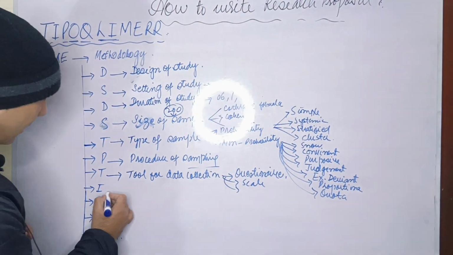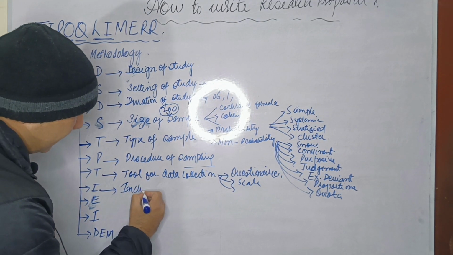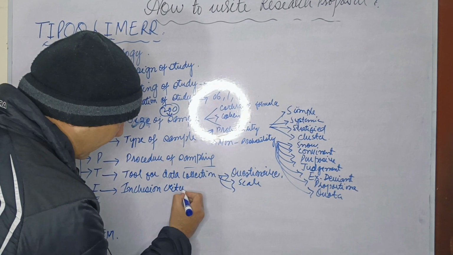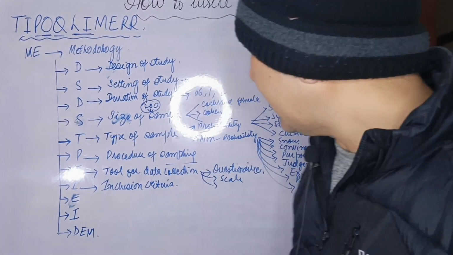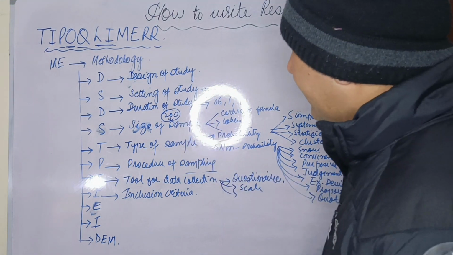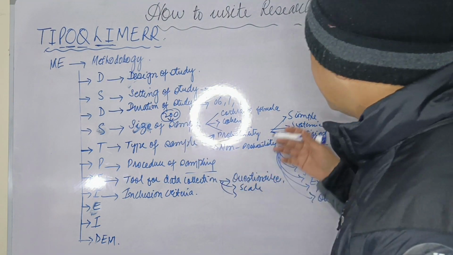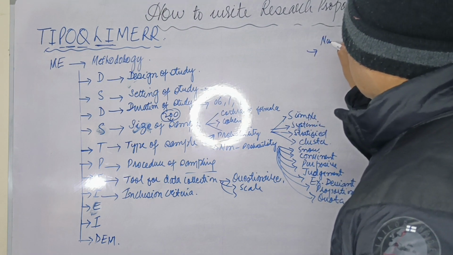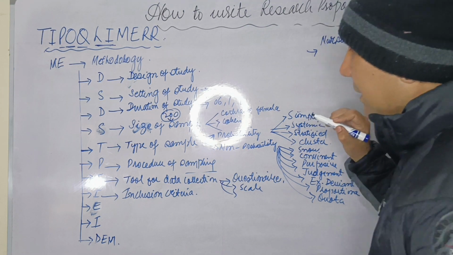Okay, now the first I is the inclusion criteria. Suppose I selected the 200 sample size for my unsafe injection practices, then I will say nurses. Suppose I select 200 nurses. Which nurses?